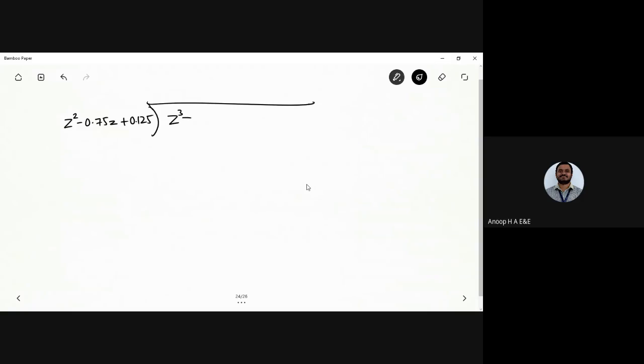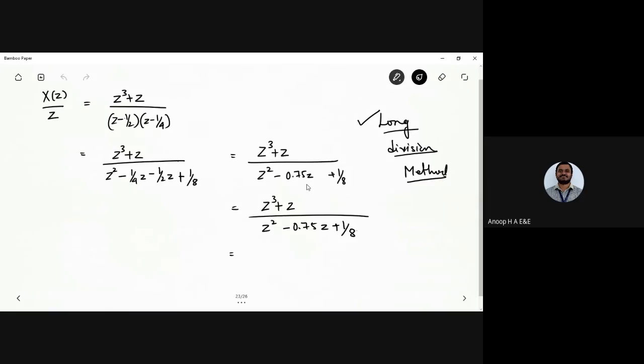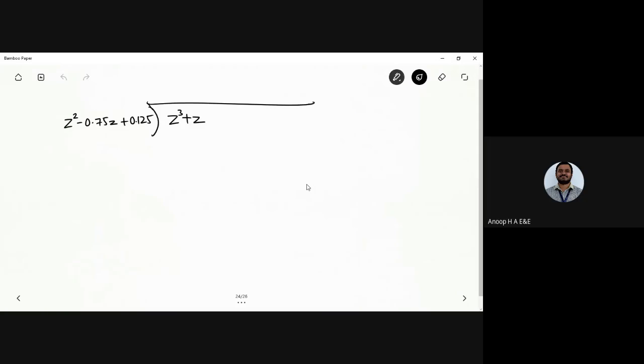So we have z cube plus z, isn't it? So can anyone do it now? Long division method. What needs to be multiplied? Z. Yes, exactly. So minus 0.75 z squared.